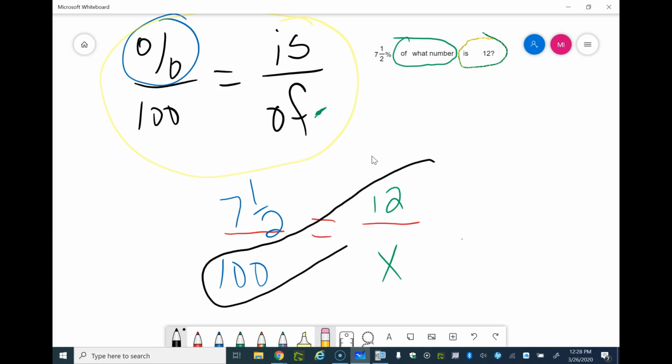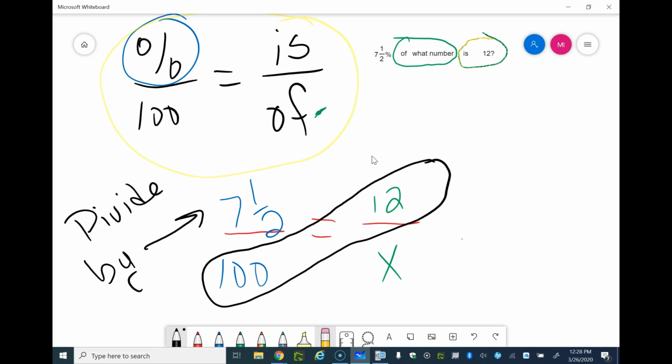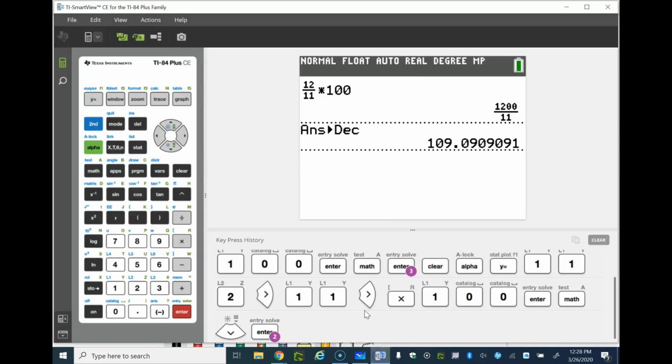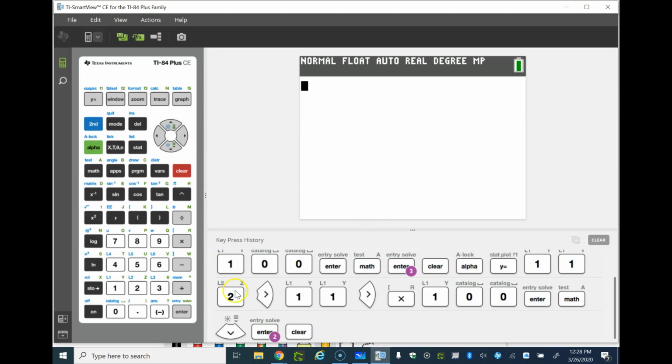So I'm going to take both of these and multiply them together first. And then whatever number is last, this is the number we're going to divide by. So let's go back to our calculator. And we're going to multiply 100 times 12.